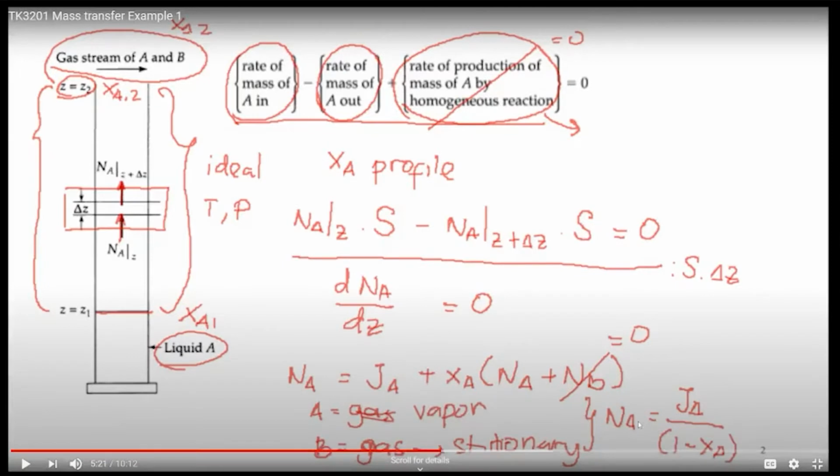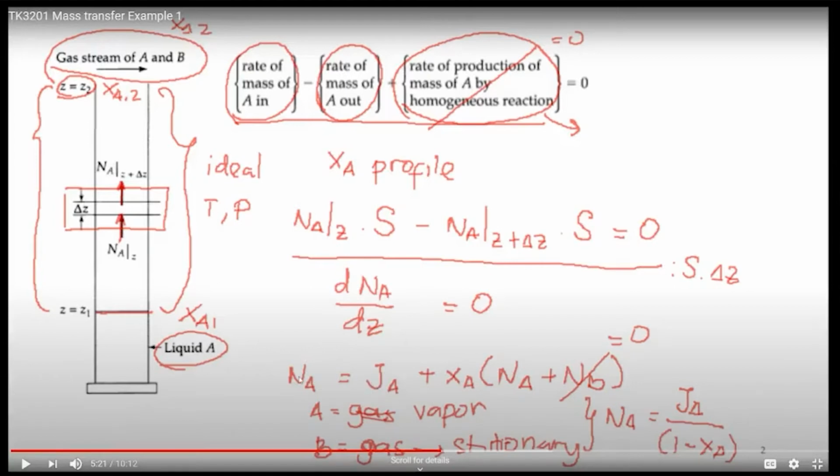Next question is how to get this equation. Because NB is equal to 0, our equation becomes NA equal to JA plus XA times NA. Then I move XA NA to the left, so now I have NA minus XA NA equal to JA.